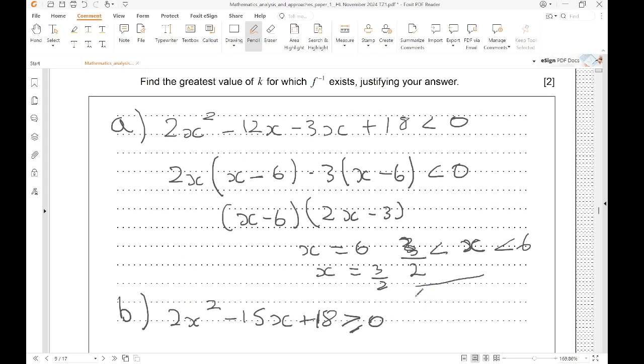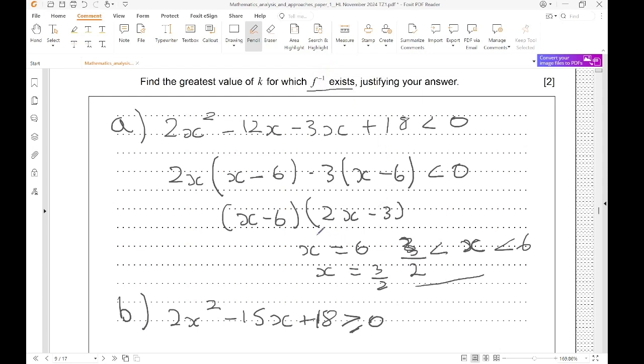So if you take any value above 3 over 2, you will not get a 1 to 1 function. And if it is not 1 to 1, it is not a function, it's a relation. And that means that f inverse will not exist, as f inverse only exists for functions.